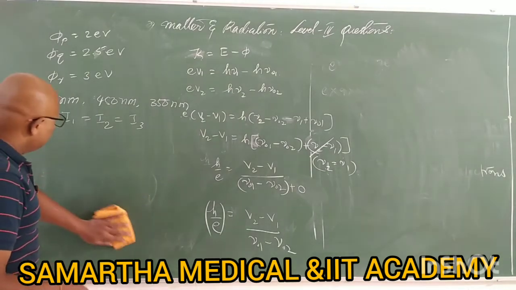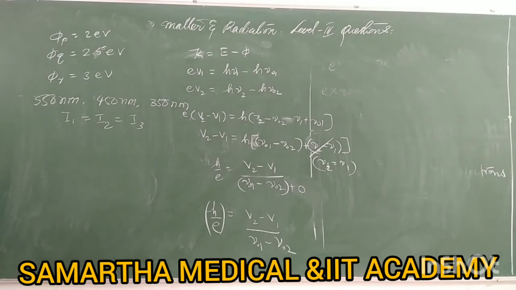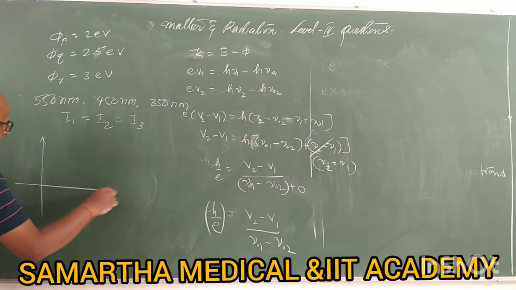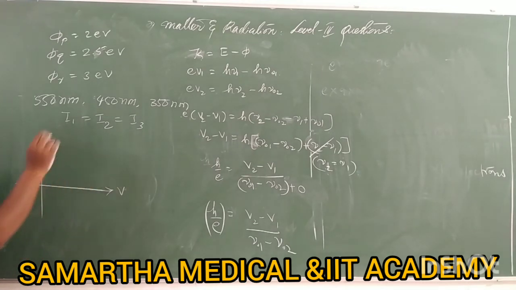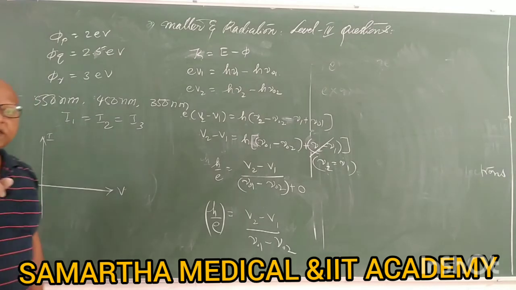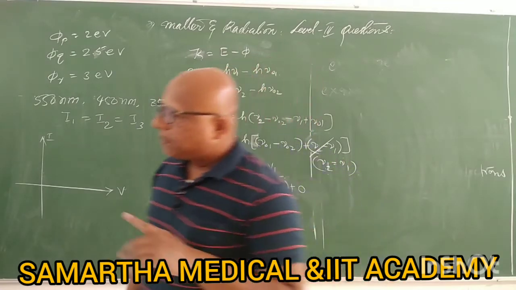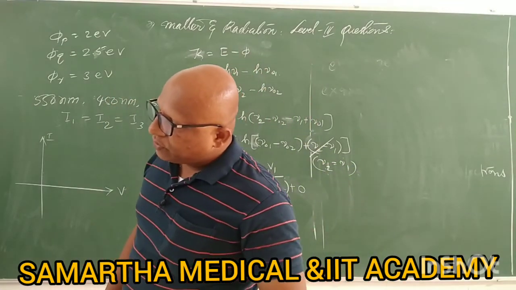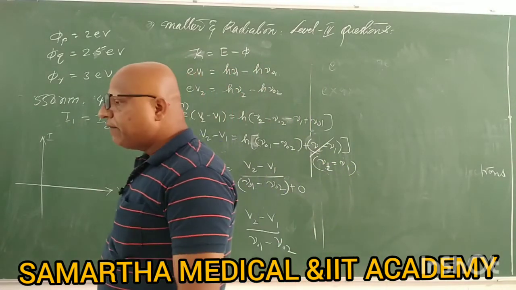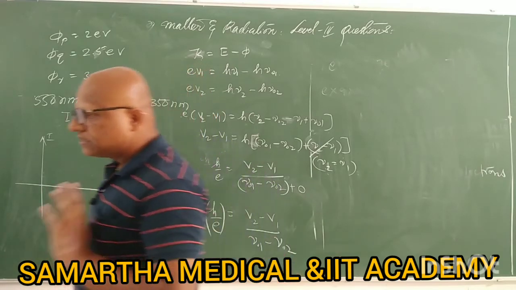If you observe graphs 1, 2, 3, 4, I think the graph is not correct. Take the first graph, I is here, V is here. Three different metals mean three different stopping potentials, but no single graph has three different stopping potentials here.